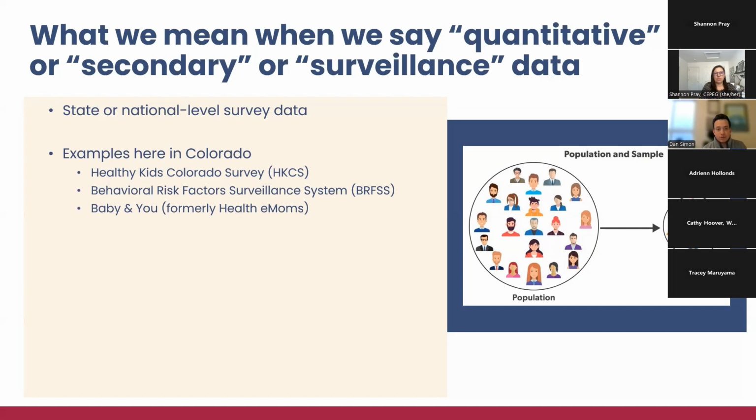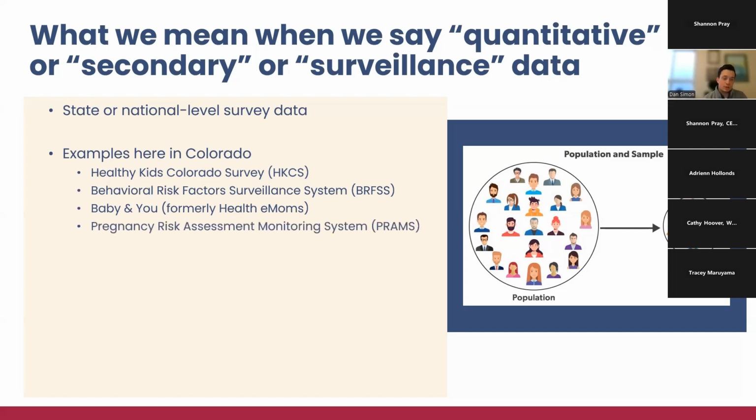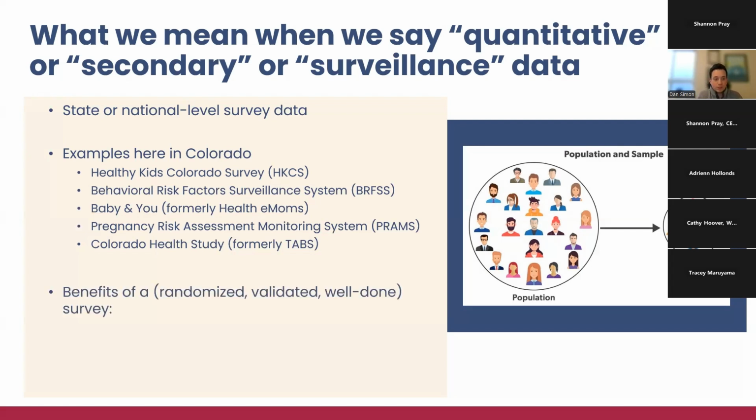This is formerly the Healthy Moms data, if you're familiar with that. And in terms of tobacco data, we got some questions on the 24-month survey. Not available yet, but will be in the future. And then PRAMS, which is the Pregnancy Risk Assessment Monitoring System, and the Colorado Health Survey or Study, which was formerly TABS. So those are surveillance data sets or secondary data, or what we would refer to as quantitative data.